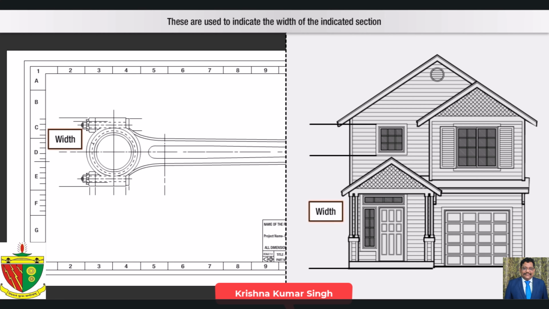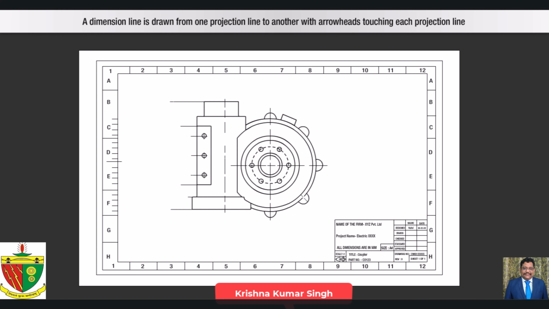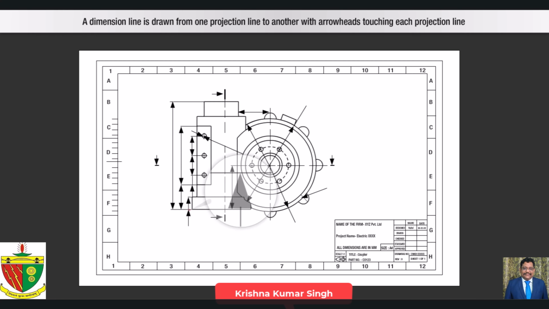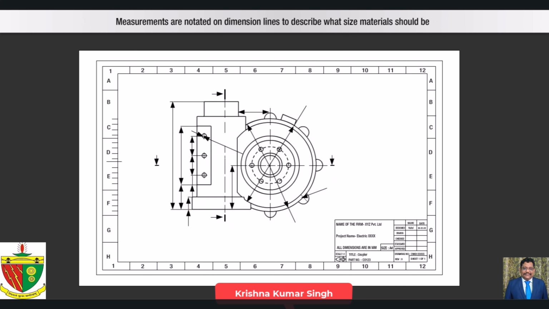These are used to indicate the width of the indicated section. A dimension line is drawn from one projection line to another with arrowheads touching each projection line. Measurements are noted on dimension lines to describe what size materials should be.